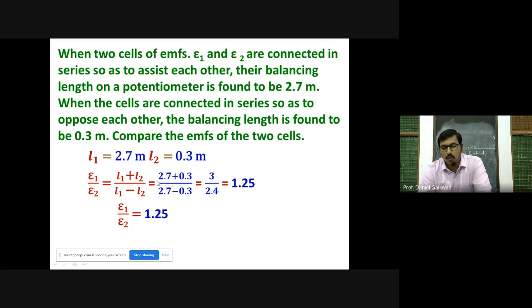If we solve, 2.7 plus 0.3, 2.7 minus 0.3, 3 upon 2.4. So this will be 1 upon 0.8, or 10 upon 8, or 1.25. So the ratio, or comparison of EMF, is equal to 1.25.